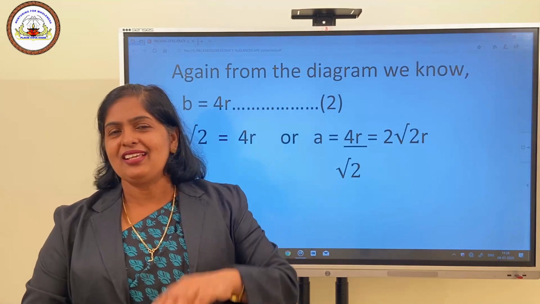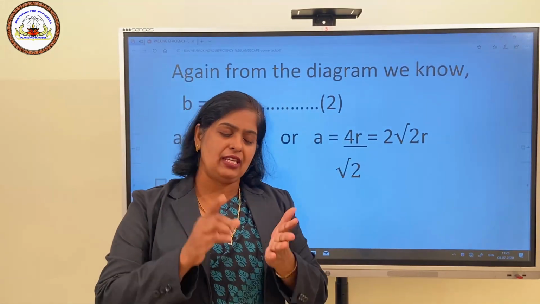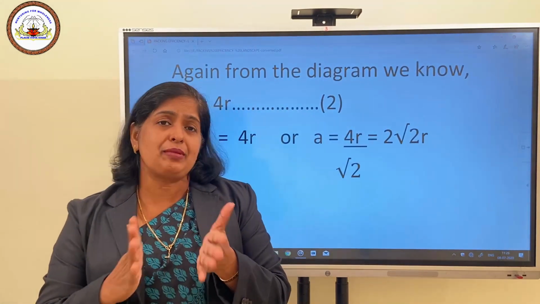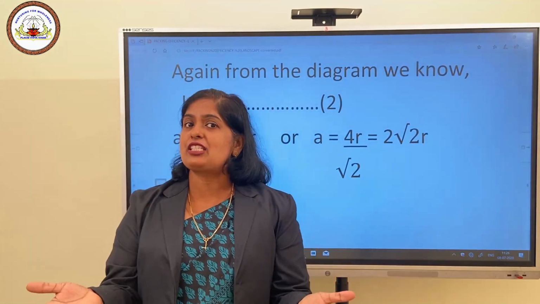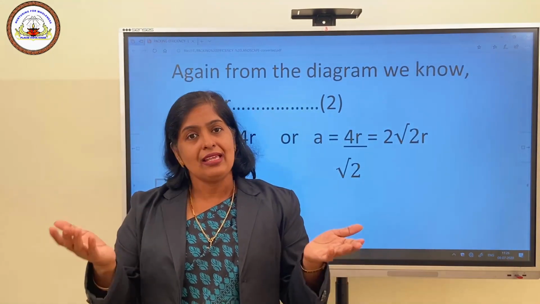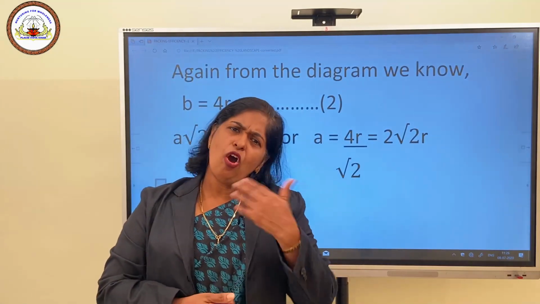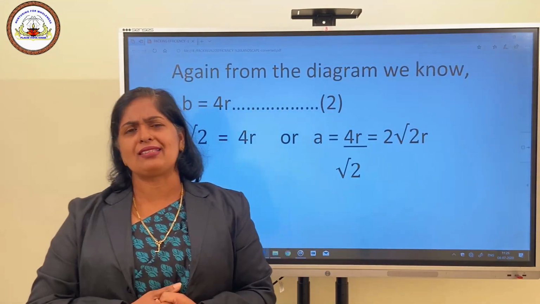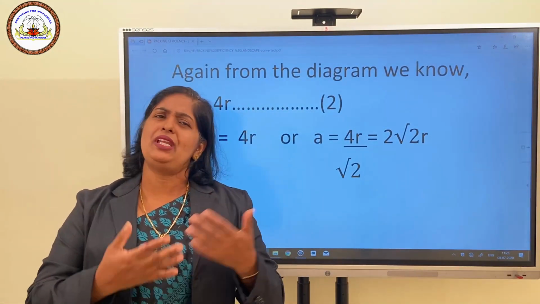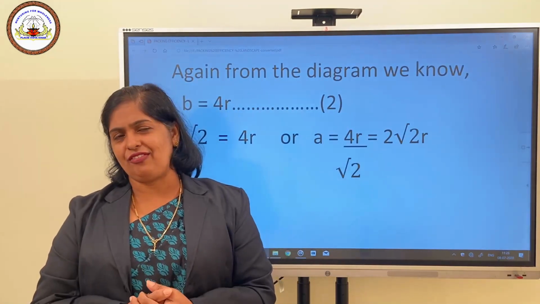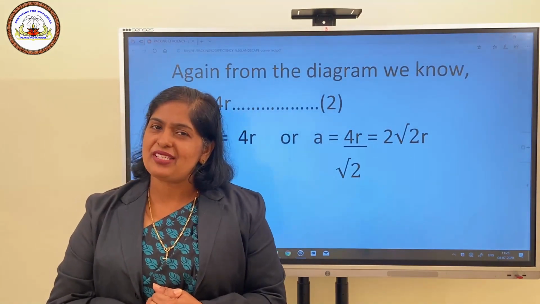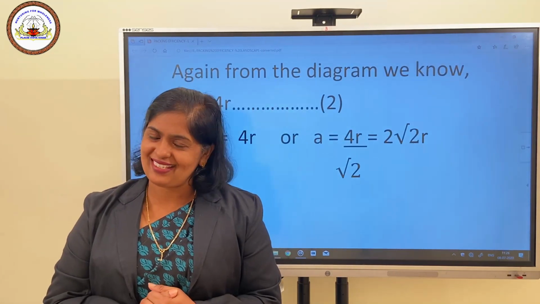Please don't forget these equations. Questions are there. Sometimes questions come as derive an expression for packing efficiency of CCP or FCC structure, or as a 1 mark question they ask what is the relation between edge length and radius of an atom in the CCP crystal lattice. Hope it is clear to you.